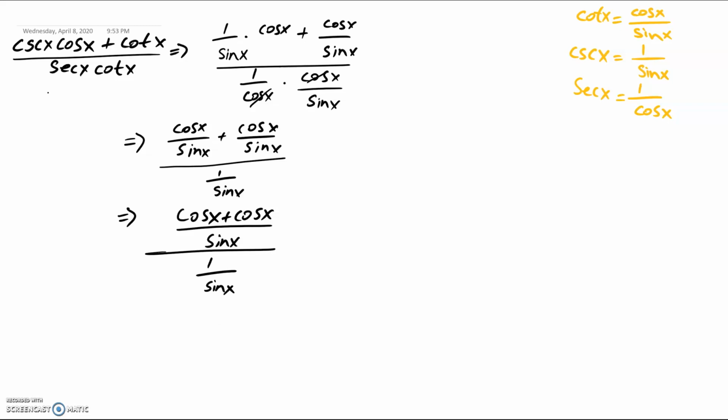When you have two denominators, those two can cancel out each other like this. Sin x and sin x cancel out. You will be left with only cos x plus cos x, which is equal to 2 cos x. This is the simplified form of the given expression.